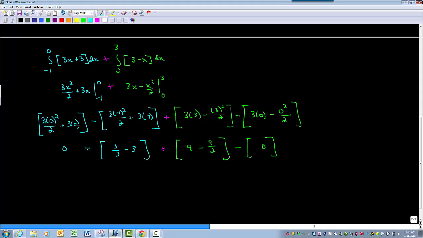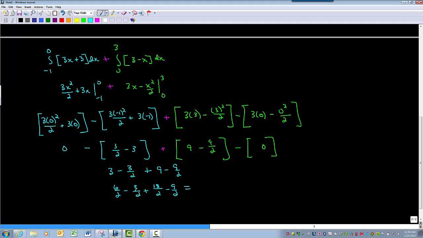So we've got 3 minus 3 halves, just rotate the signs, plus 9 minus 9 halves. So let's put everything over 2. So this is going to be 6 halves minus 3 halves plus 18 halves minus 9 halves.